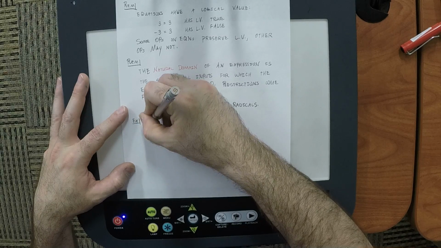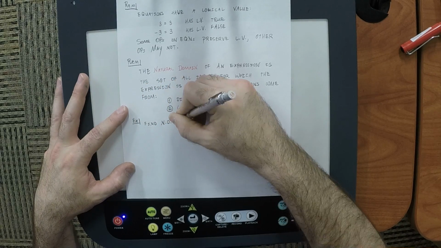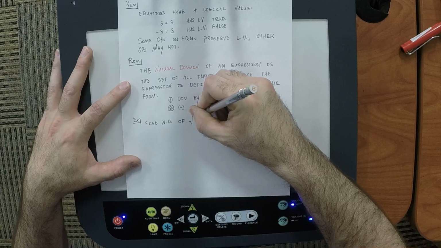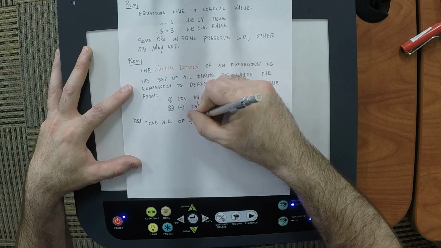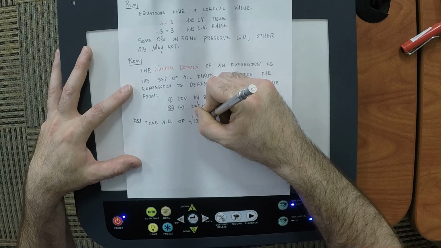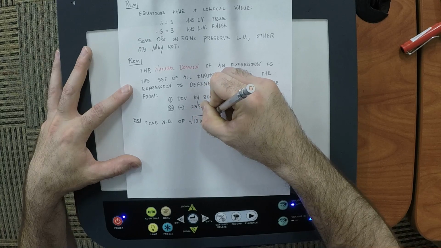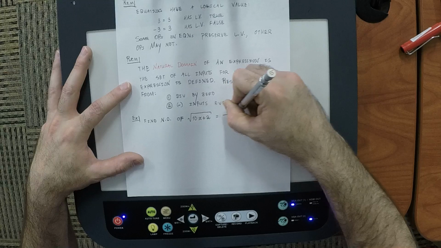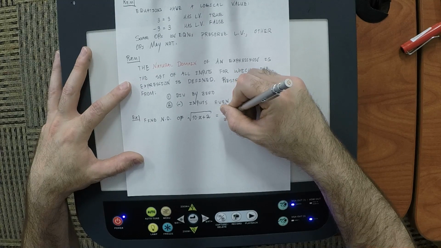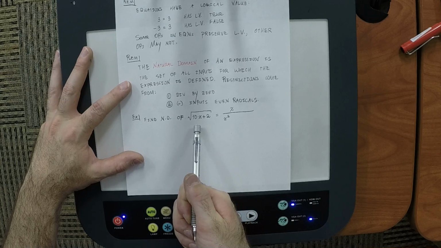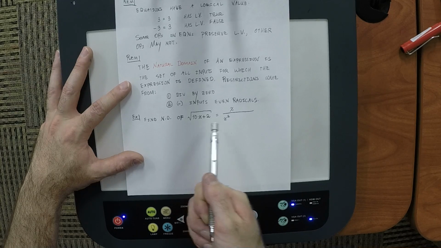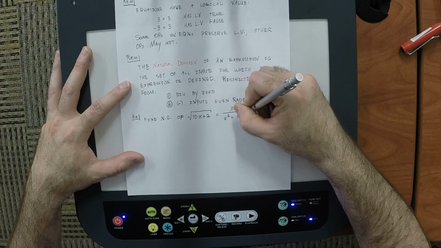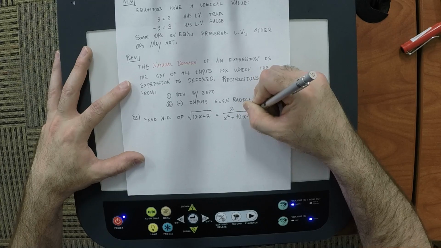Please find the natural domain of, how about the square root of 10x plus 2 equal to, I don't know, x over, sorry, I'm calculating in my head, plus 10x plus 16.